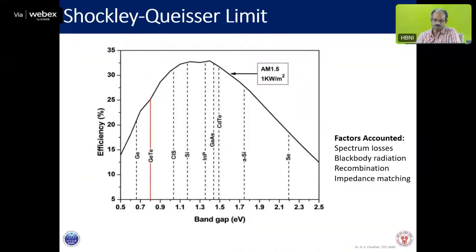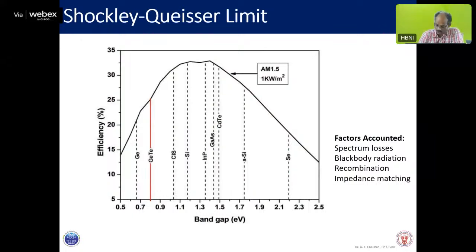and then the limit for solar cells was calculated by Shockley and Queisser in their famous paper. On the x-axis you have the band gap and on the y-axis you have the maximum efficiency which can be obtained using that particular solar cell.